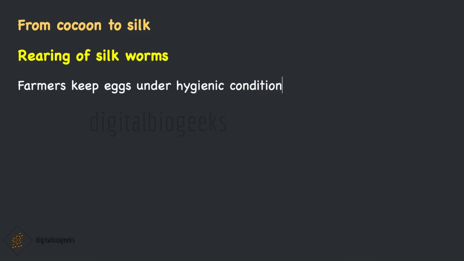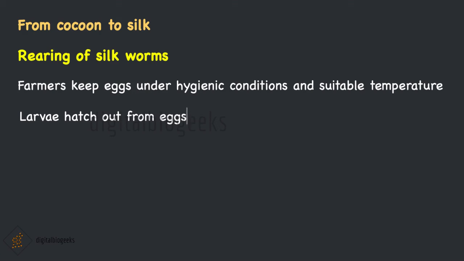These eggs are stored on strips of cloth or paper and sold to silkworm farmers. These farmers keep these eggs under hygienic conditions and at suitable temperature for the larvae to hatch. The larvae are called silkworms or caterpillars.